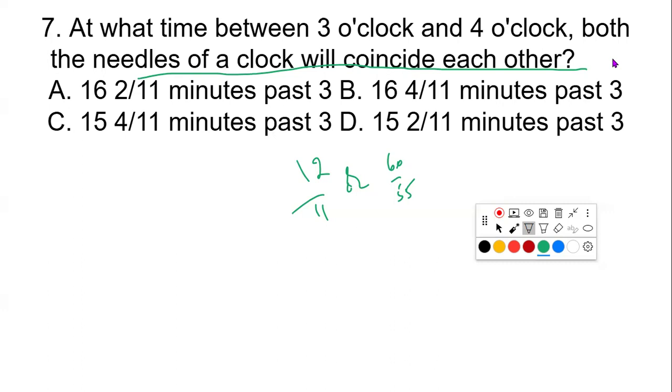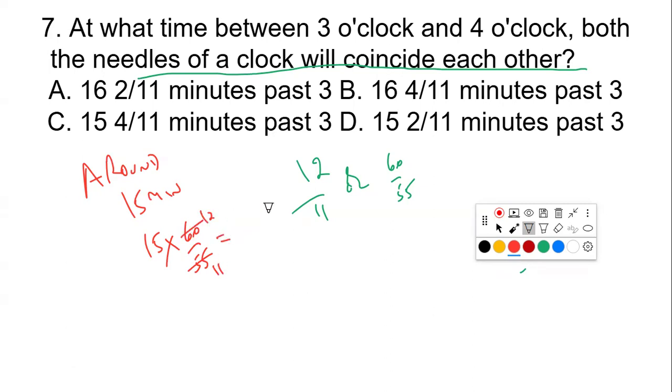So how to get exactly? Because you are able to say that it is going to happen around 15 minutes. It is not exact. It is around 15 minutes. So what do you do? 15 into 60 by 55. 5 will go 3, 5 will go 11 times, 5 will go 12 times.